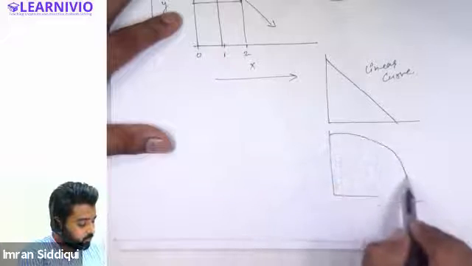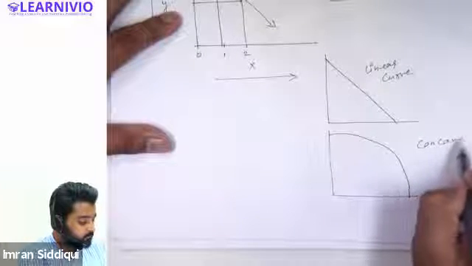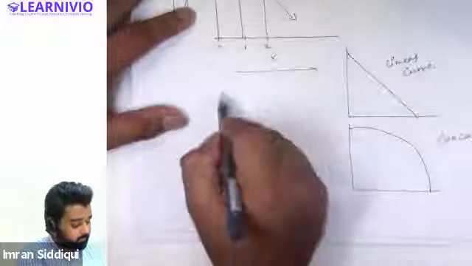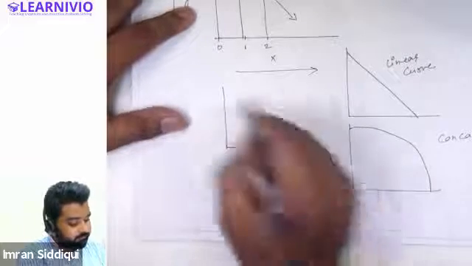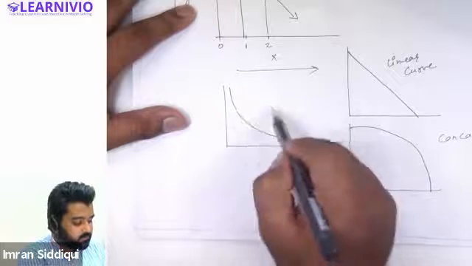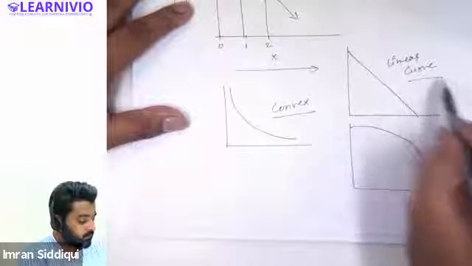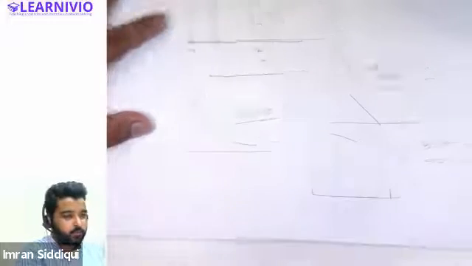You can also form a diagram like this. This is called a concave curve. And the third variety of diagram is something like this. This is called convex. So there are primarily 3 shapes of diagram: linear, concave, and convex.